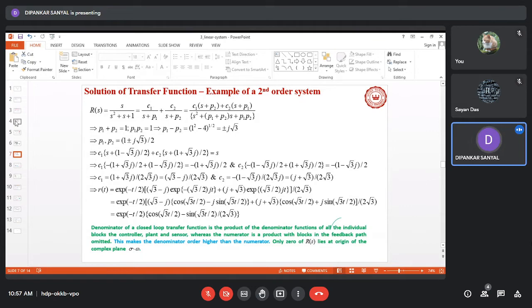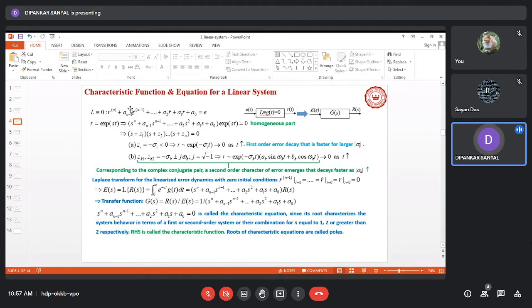Normally, if we just look at this form, the resultant characteristic equation does not get any polynomial in the numerator, as it is a straightforward plant like this.